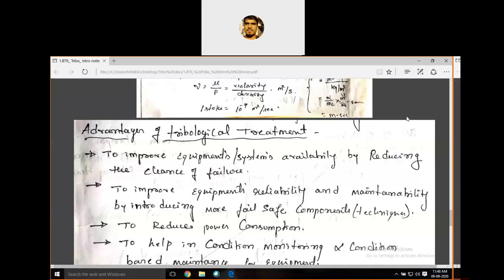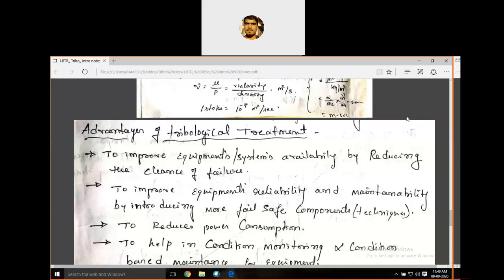That means if we use a proper tribological solution in our equipment or system, we can reduce the chances of failure and increase the availability of the machine or equipment. The life cycle will increase, the lifespan of the component will increase.